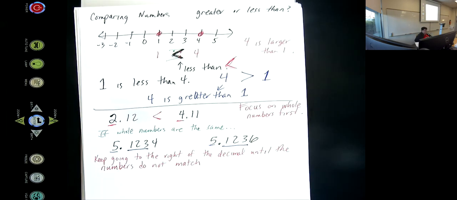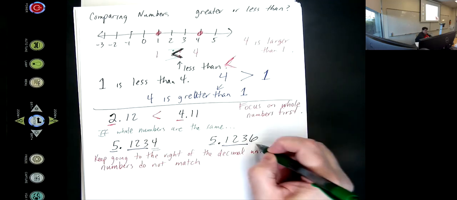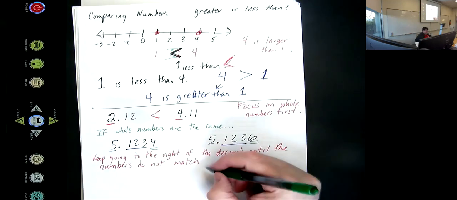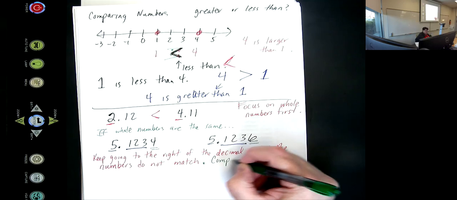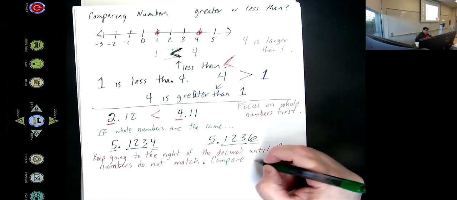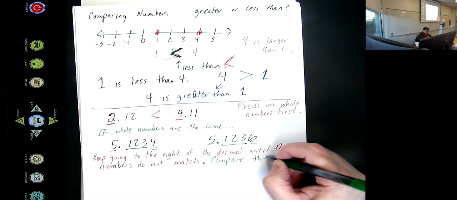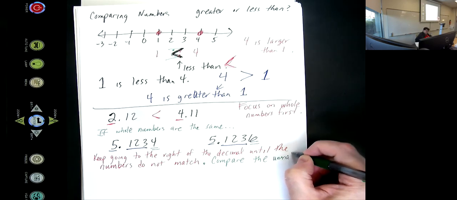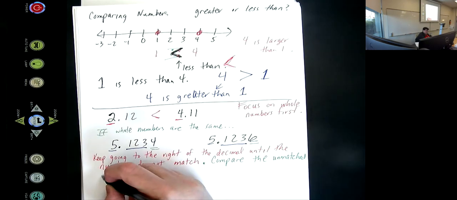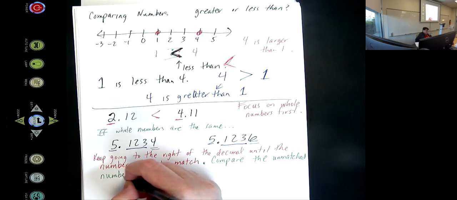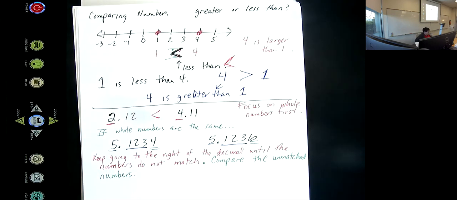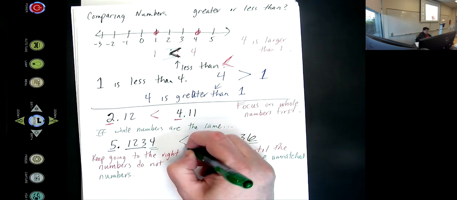And then I get to 4 and 6. At this point, compare the unmatched numbers the same way you would do the whole numbers. In this case, 6 is larger than 4, so we make the alligator go towards that.